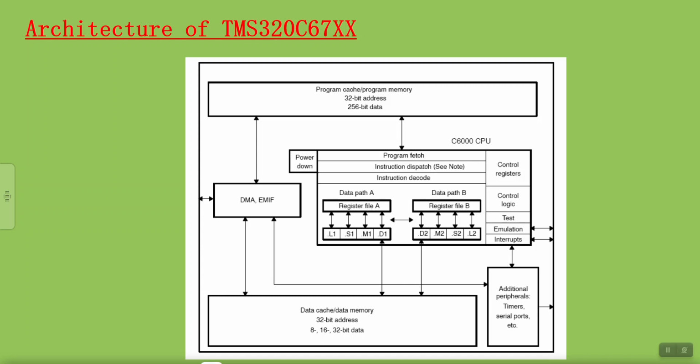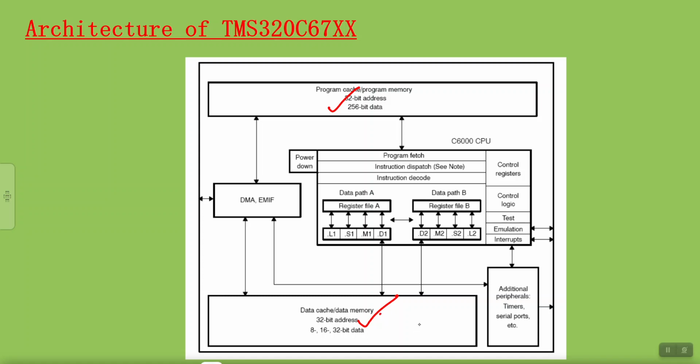And coming to the memory, there is a program memory as well as a data memory. These memories can act as cache memory also, so fast processing can be done.